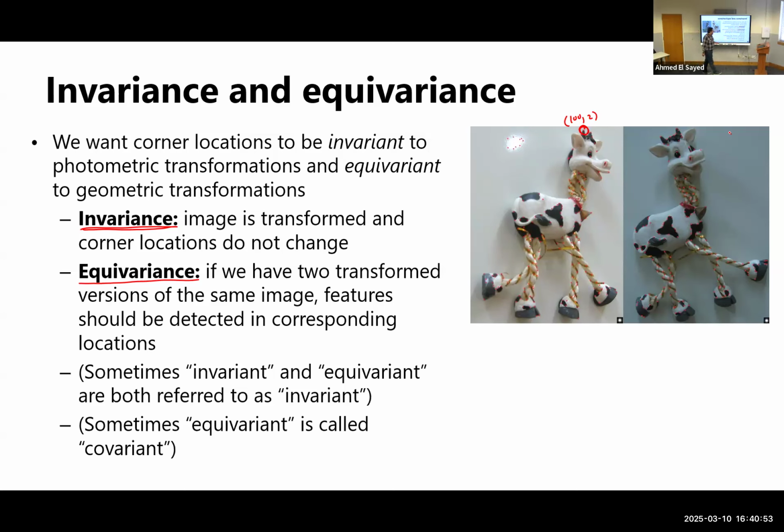If this happens, I will call this feature or key point invariant, meaning it has not been affected by anything. So the word invariant means if the image suffers any transformation, the corner location will stay in the same place. Let's give an example for that. What's an example of a transformation that I apply to this image and it will be invariant?